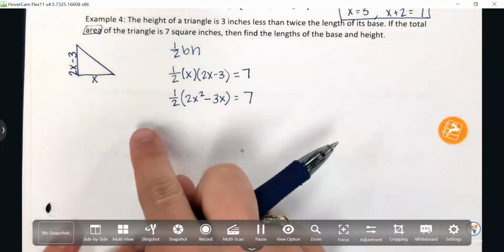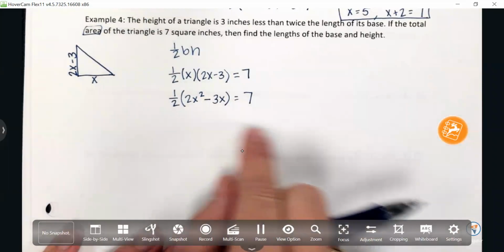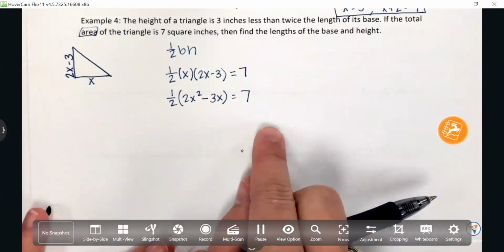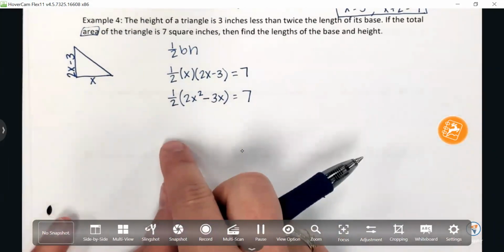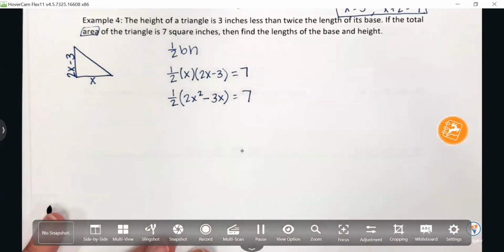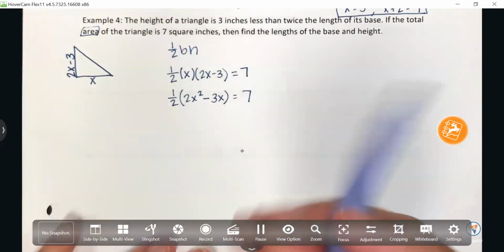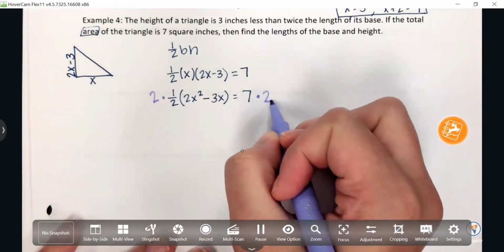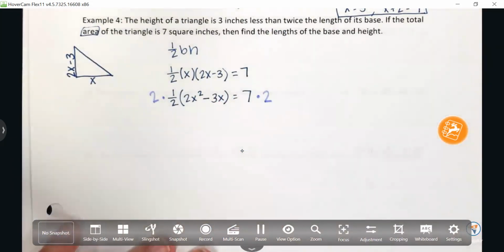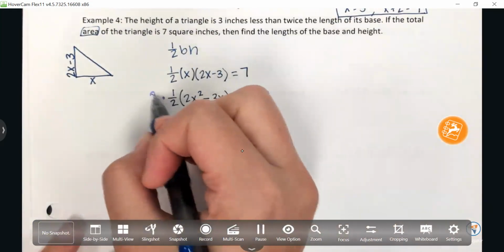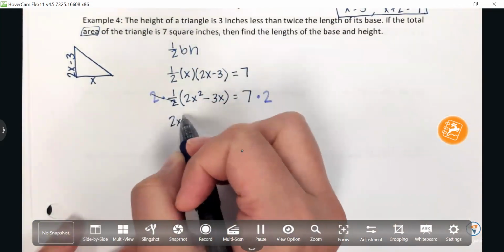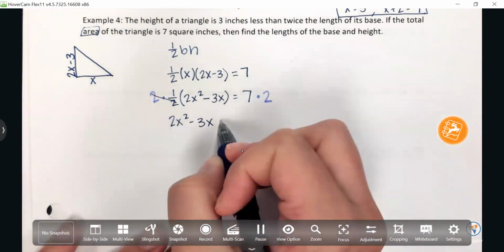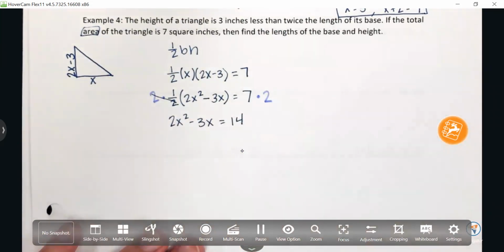Now, I can distribute this 1/2 and get some ugly numbers and fractions. What else could I do to this 1/2? How could I get rid of it? I can multiply both sides by 2. So I'm going to multiply the left side of the problem by 2 and the right side of my problem by 2. So I now have 2x squared minus 3x equals 14.